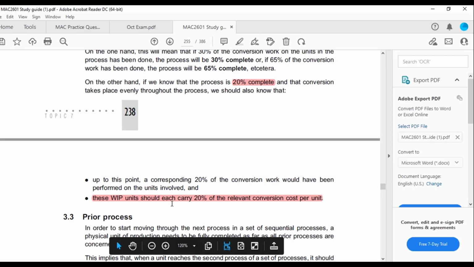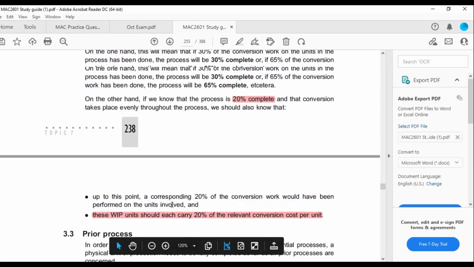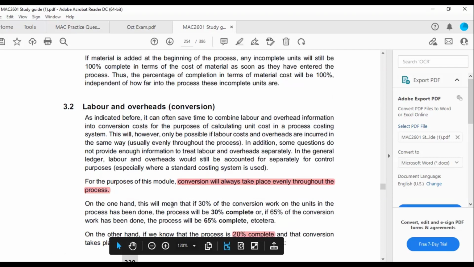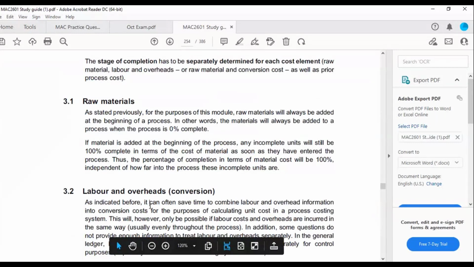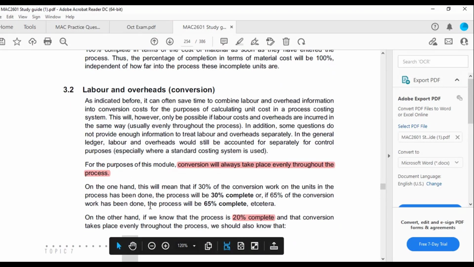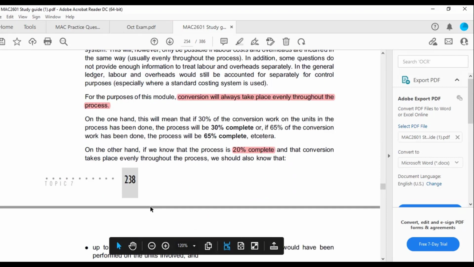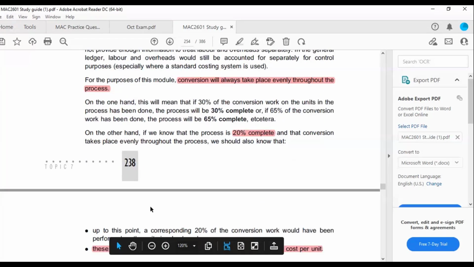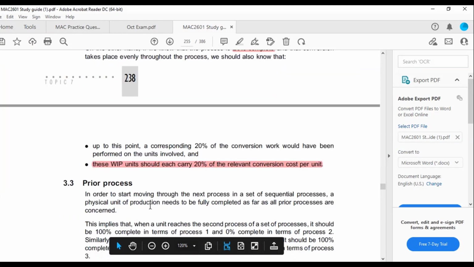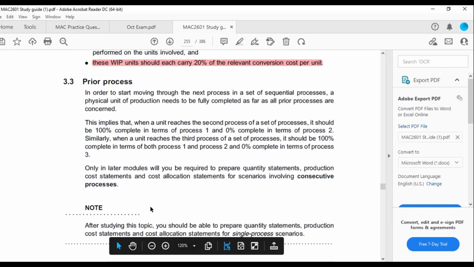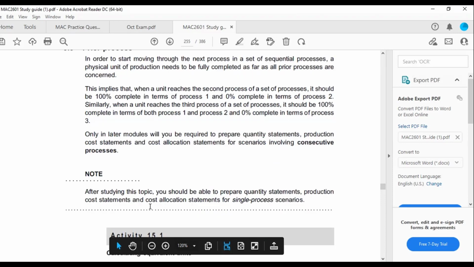To repeat what we've been saying: any questions on how the conversion costs work? Material is 100%, but when it comes to labor and overheads, you need to know the stage of completeness. That's what you will allocate to the work in process unit.